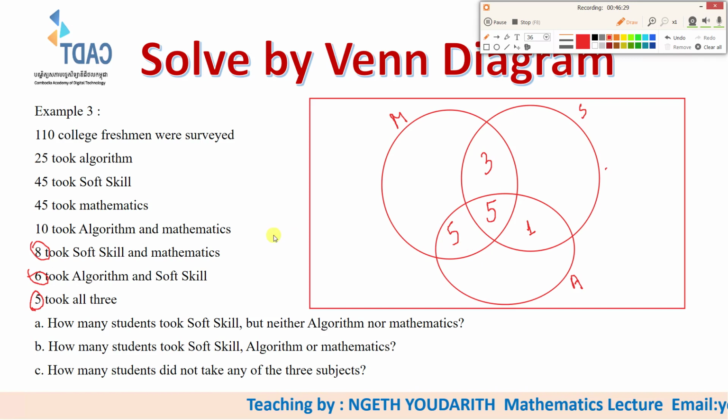So algorithm is 25. This one is 14 here. And soft skill is 45. Oh, sorry, this is 45. 6 here.